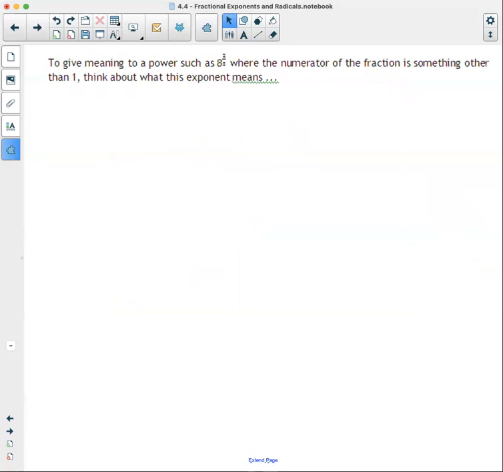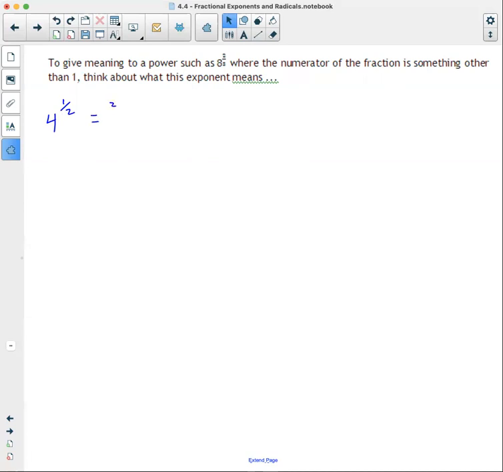Okay, so to give meaning to a power such as 8 to the exponent 2/3, where the numerator of the fraction is something other than 1, think about what this exponent means. So I know I kind of mentioned it earlier. If we had, for example, 4 to the exponent 1/2, remember the denominator of the fractional exponent will be the index of the root that we're taking.